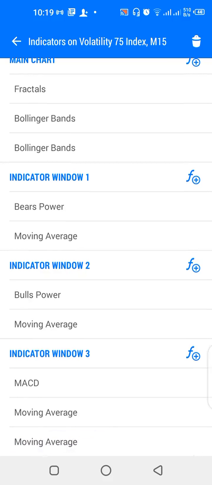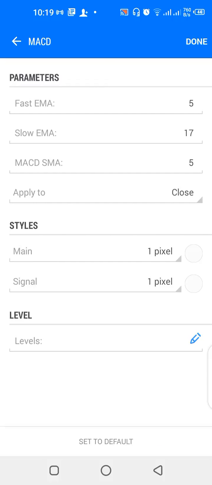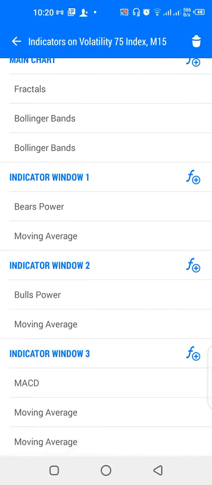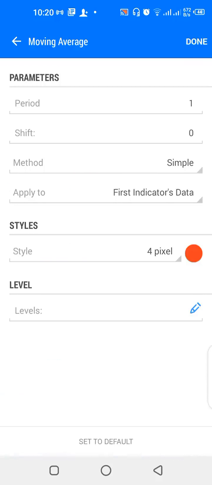And the last indicator window, indicator window 3, we have MACD. The fast EMA is 5, slow EMA is 17, MACD SMA is 5, apply to close. The color of the main and the signal will match the background color of the chart. Then we have a moving average.